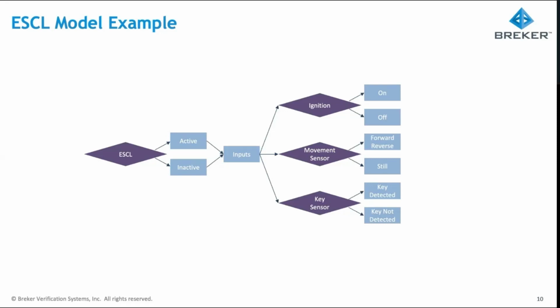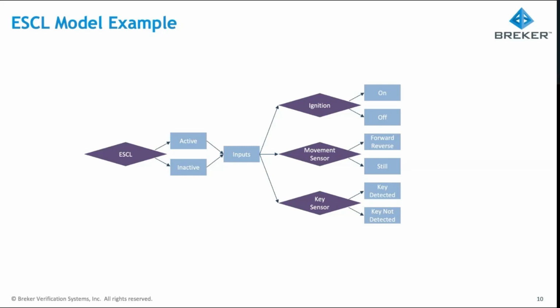And in this case, we just pick the ignition switch, some arbitrary movement sensor, which checks if the car is actually moving or not, or if it's still. And also, we may want to check to see if the key is actually in the lock to make sure the ESCL is on or off. If the key's not in there, of course, the ESCL should be on to make sure that the car can't be stolen, which is the real purpose of this.